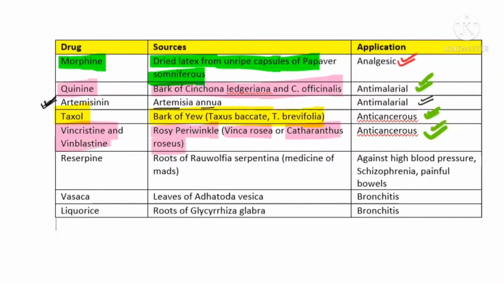Anti-cancerous. So 2 are examples of anti-cancerous, 2 are examples of anti-malarial.